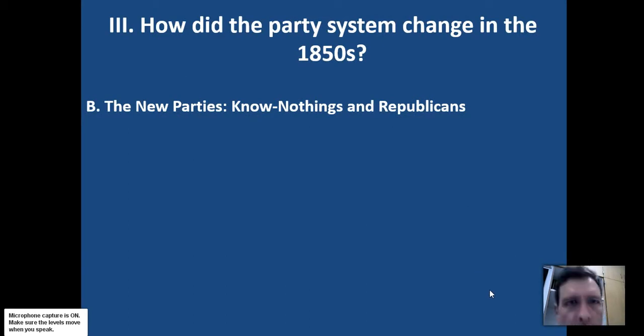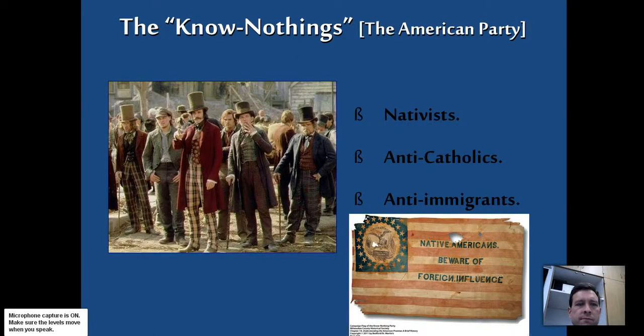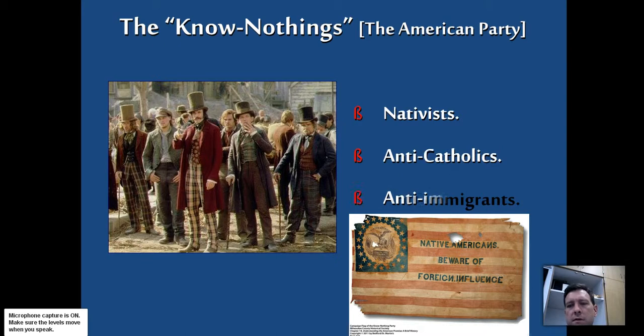Well, there are more party changes, and the new parties are Know-Nothings and Republicans in the 1850s. The Know-Nothings are basically nativists.